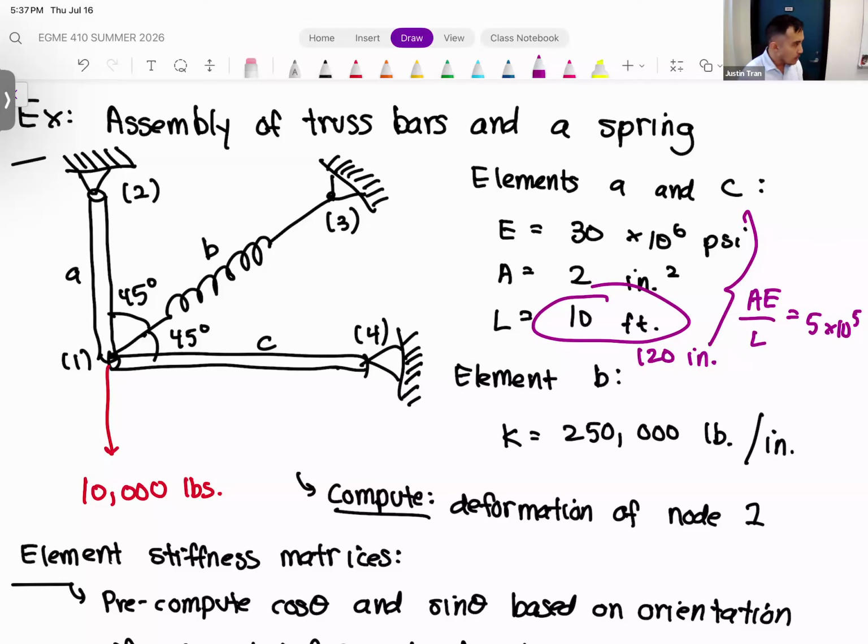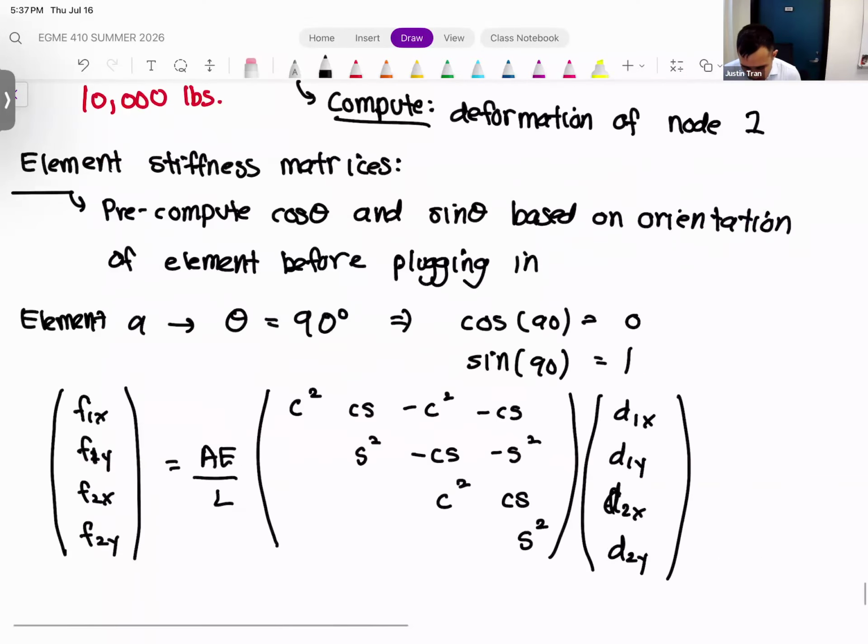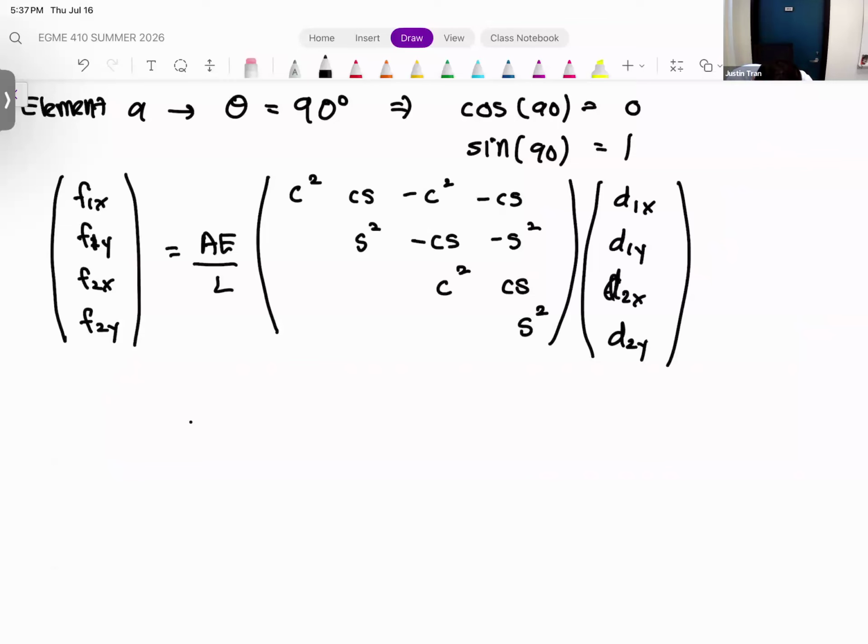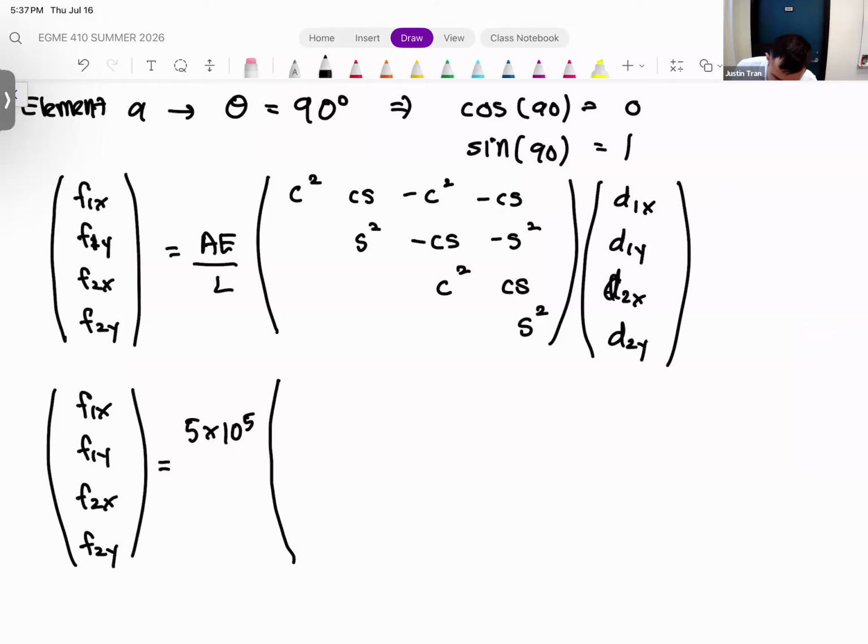Pound per inch. Okay, so that means our element stiffness matrix for element A is going to be 5 times 10 to the 5th. So that factor is out in front. Let me go ahead and write in the force vector as well. F1x, F1y, F2x, F2y. Okay. So outside the matrix, we have 5 times 10 to the 5th.